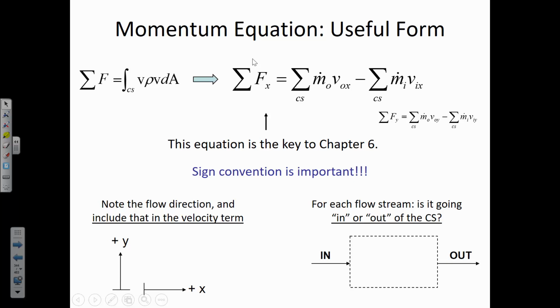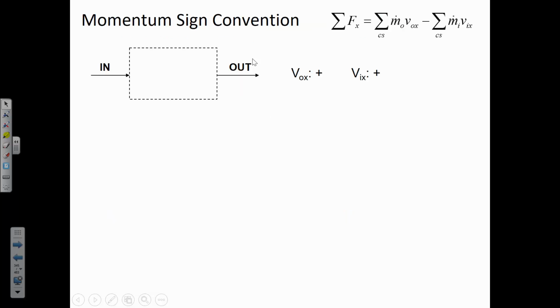So we're going to be looking at stationary objects that are maybe being sprayed with a jet of water. And the way that we're going to do these calculations is we're going to be calculating the forces required to hold some system steady. So before we get into our first example, let's just get some practice with the sign convention, since that's so important.